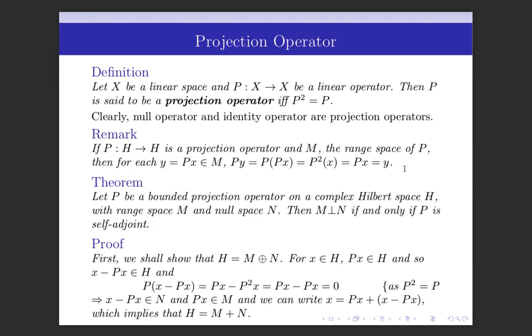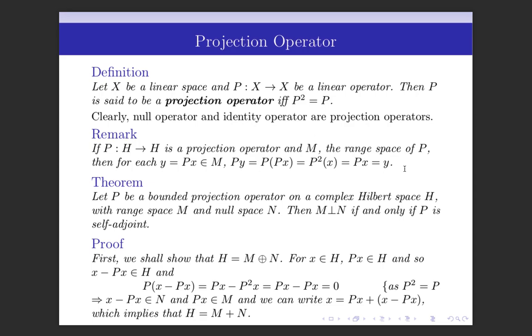First, we shall show that H is the direct sum of M and N, where M is the range space of P and N is the null space of P. For x belongs to H, Px belongs to H because P is a mapping from H to H. And so x minus Px also belongs to H because H is a linear space.